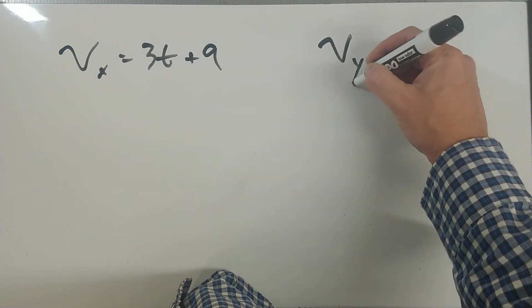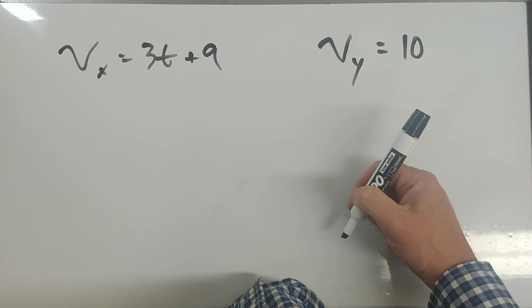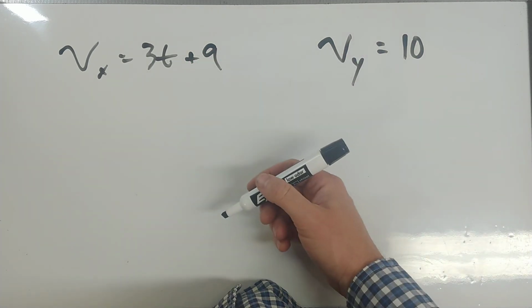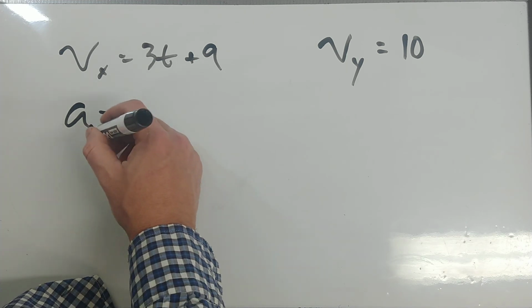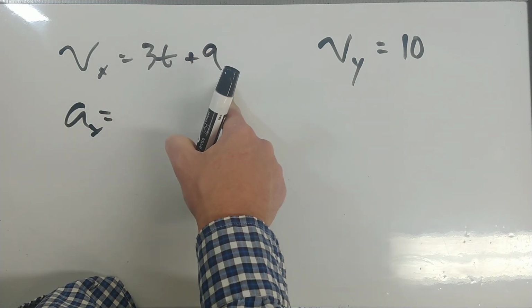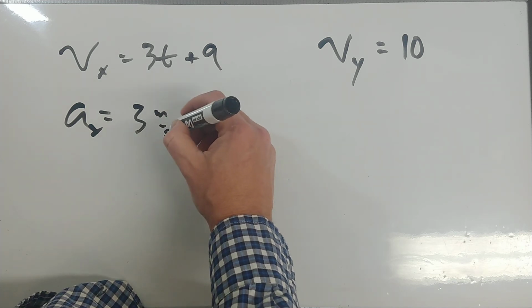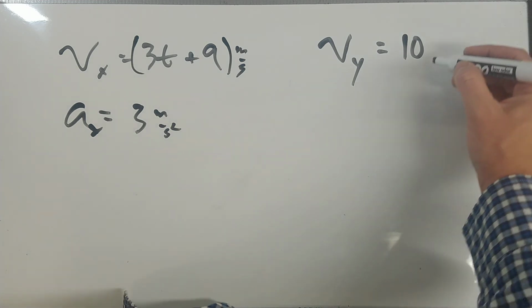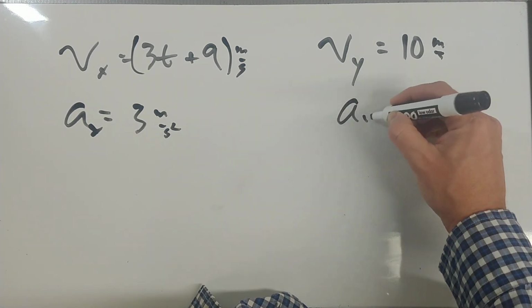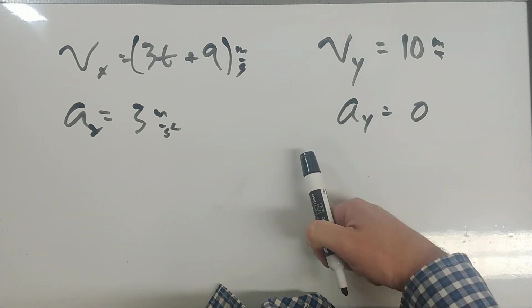The velocity in the y direction is simply 10. This would give you units of meters per second. The acceleration is the derivative of velocity, so it would be 3 meters per second squared. Acceleration in the y direction would be 0, because this is a flat function.